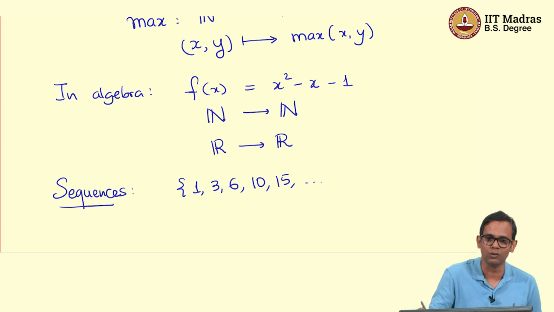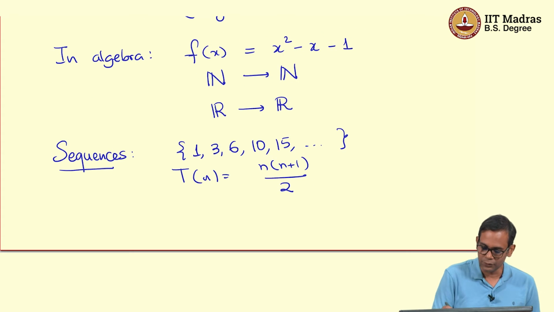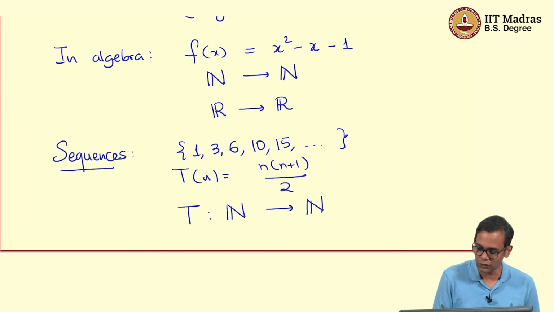I am sure you all know what I am talking about here. T n is n into n plus 1 by 2, the nth triangular number. So, here n goes to T n is a function. So, T can be regarded as a function from natural numbers to natural numbers. Every sequence is a function with domain natural numbers.